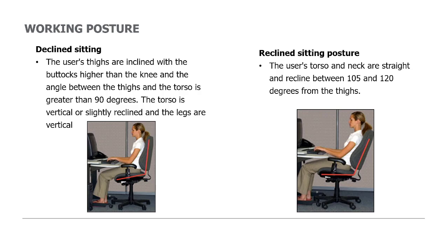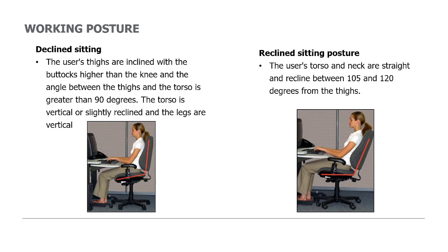Sometimes people like to decline when they're sitting. You say, well, what's a declining posture? What does a declining position look like? The simple way to remember this is the front portion of the seat of the chair the person's sitting in goes slightly downward. And when this does occur, the torso is vertical or slightly reclined, and the legs go downward. In other words, they kind of go downhill just a little bit.